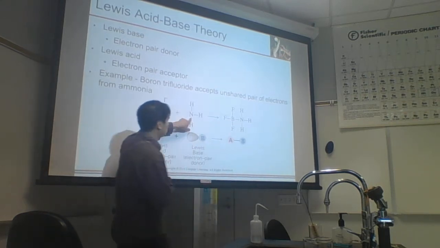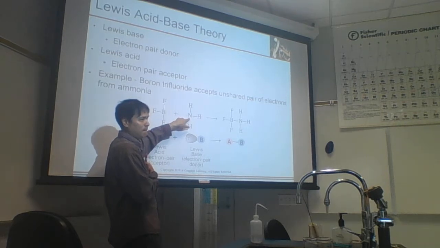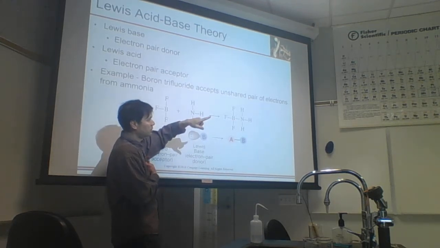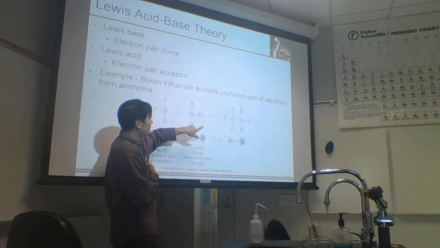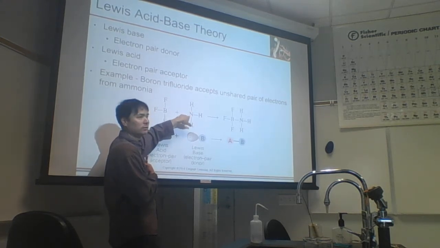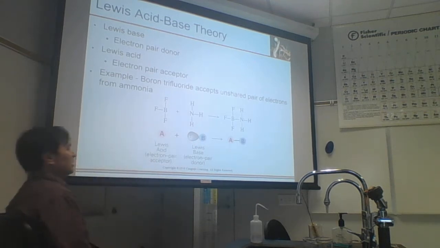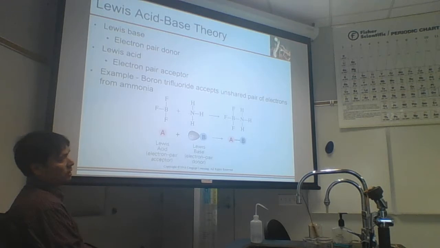Nitrogen here, what's the formal charge on it? It has 5, and how many did it contribute? In the structure it has 5, or did it contribute 5? Well, it contributed 5 because it has 5 valence electrons.